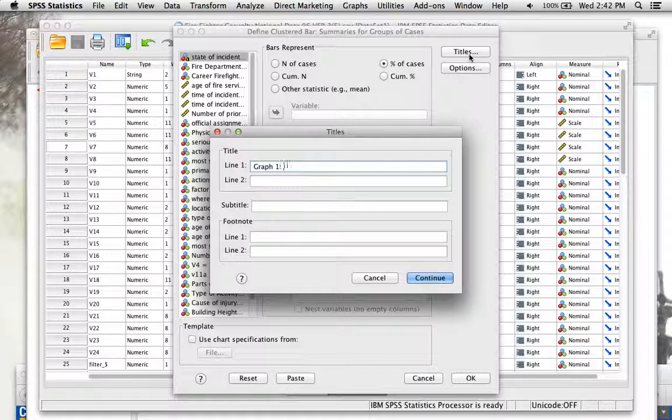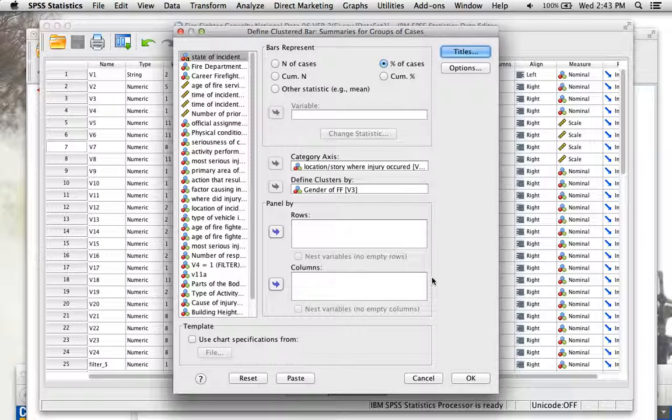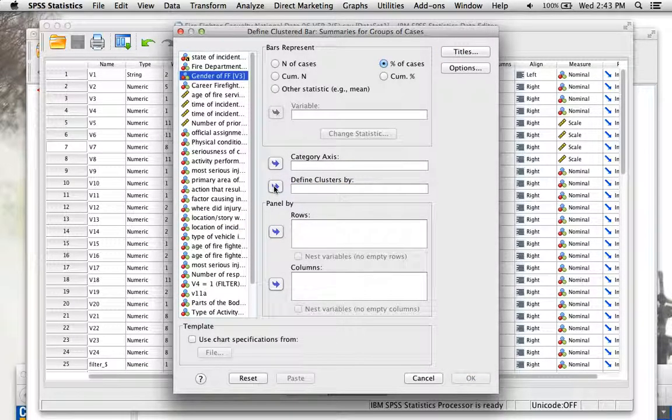So I would do location of injury by gender of firefighter. I'm just abbreviating, but in your memo I'd want you to spell out firefighter. I'm only doing this to keep the presentation short.